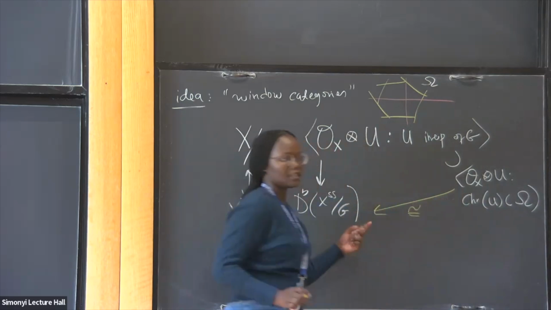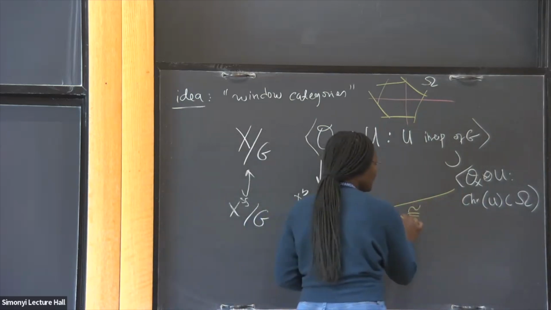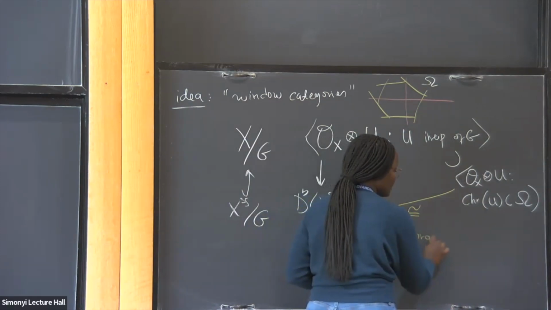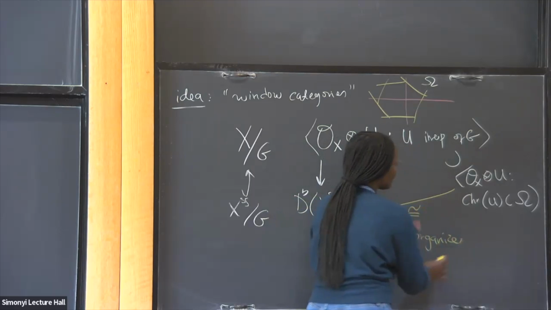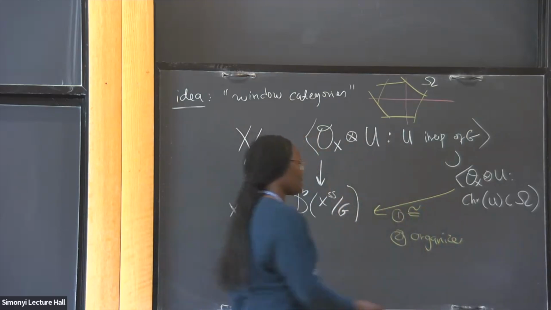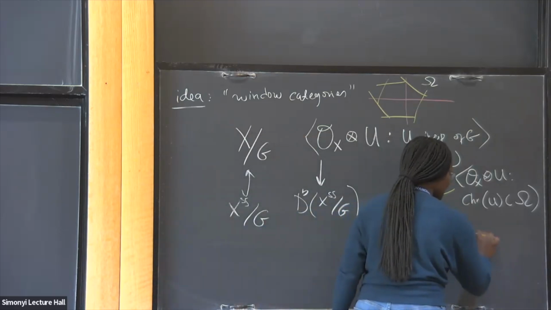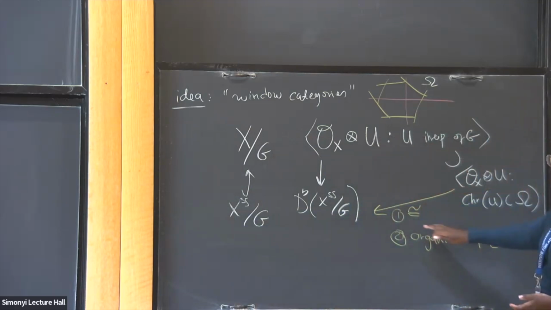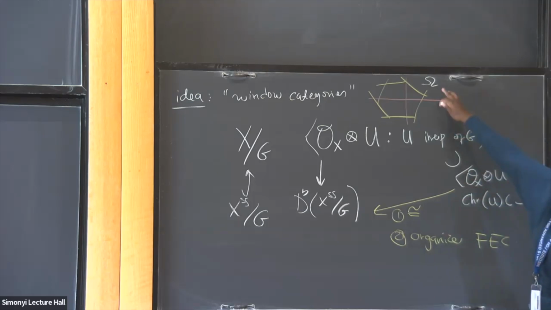I want to find such omega so that if I restrict to this smaller subcategory, we get, first, an equivalence of categories, and second, you can organize this list of tautological vector bundles so that you get a full exceptional collection. But the real hard part is in finding the appropriate window so that this is an equivalence.